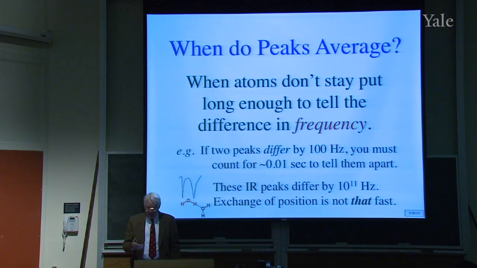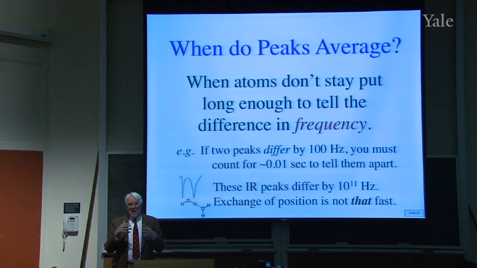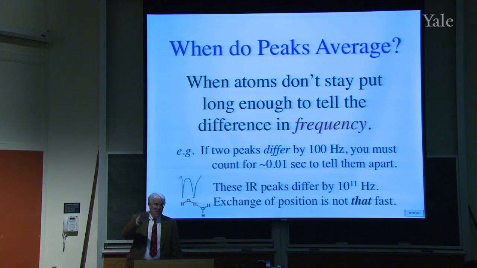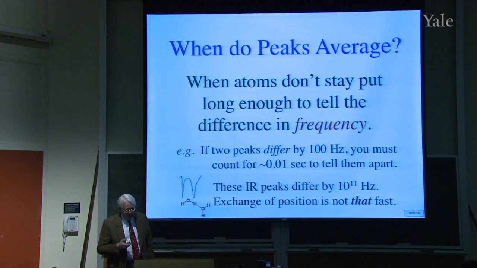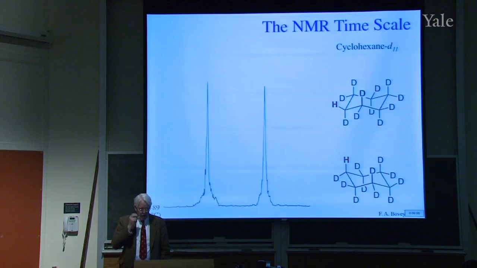And that's as fast as atoms vibrate. They can't change their partners that rapidly, right? So that's why in the IR, you don't see averaging when you do see it in the NMR, because the NMR differences in frequency are small, just a few hertz or a few hundreds of hertz, right? So if something happens in 100th of a second, you can see separate peaks for it, okay? But you can't do that in the IR because the differences in frequency are so large.